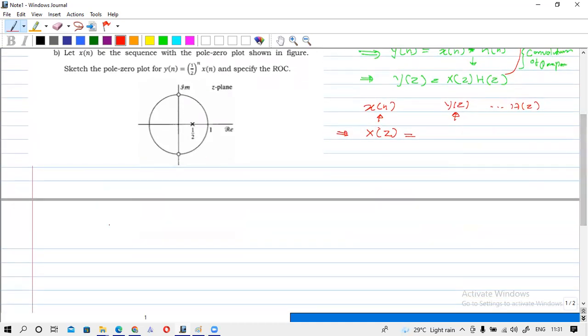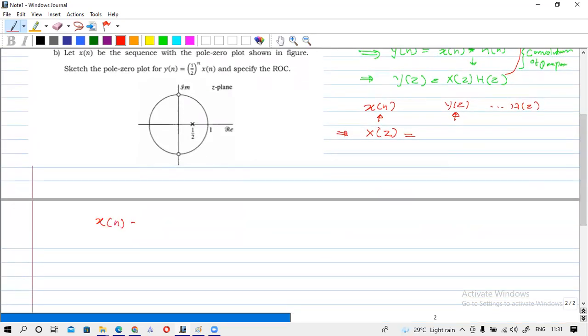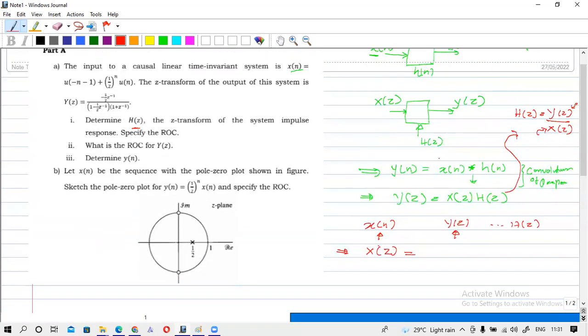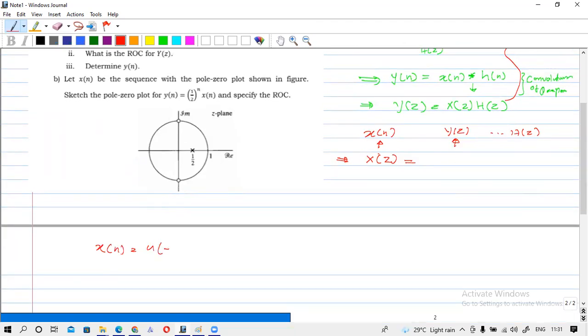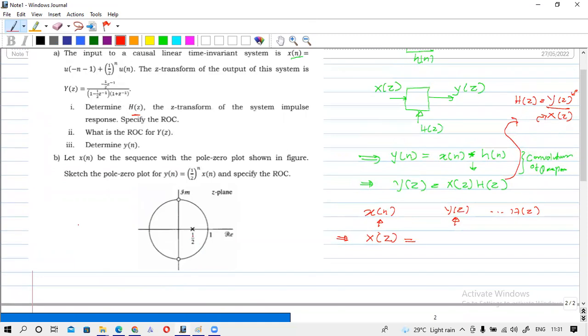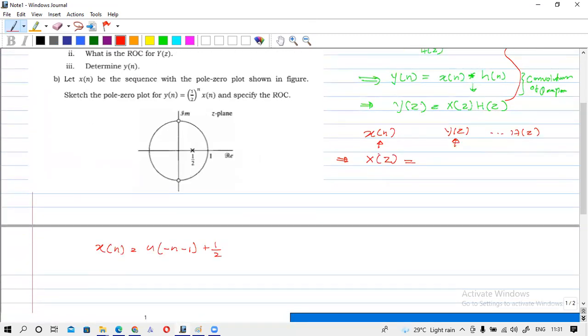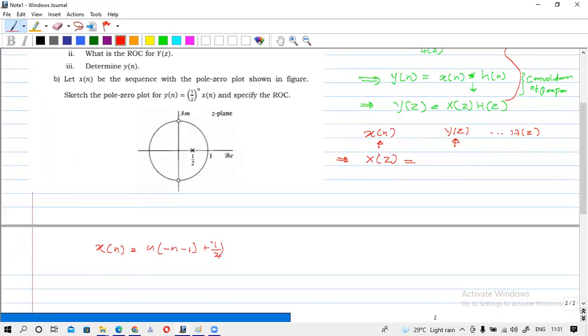We are given x[n], which is u[-n-1] plus (1/2)^n u[n].